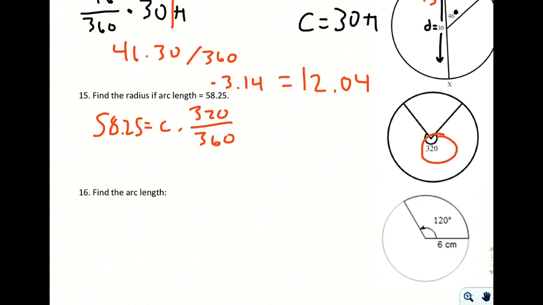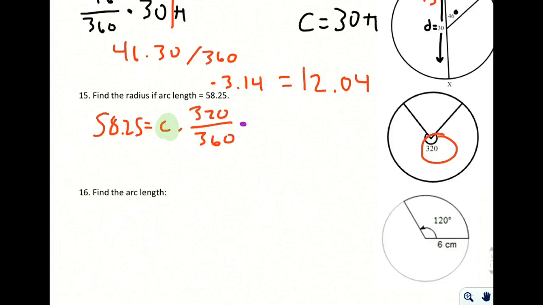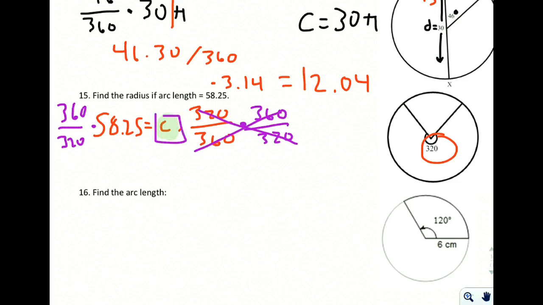If we want to get C alone, we need to multiply both sides of this problem by the reciprocal of the fraction. So let's multiply that in a different color here. We need to multiply both sides by the flip. 360 over 320. Same over here, 360 over 320. These cancel, leaving just C alone on one side.